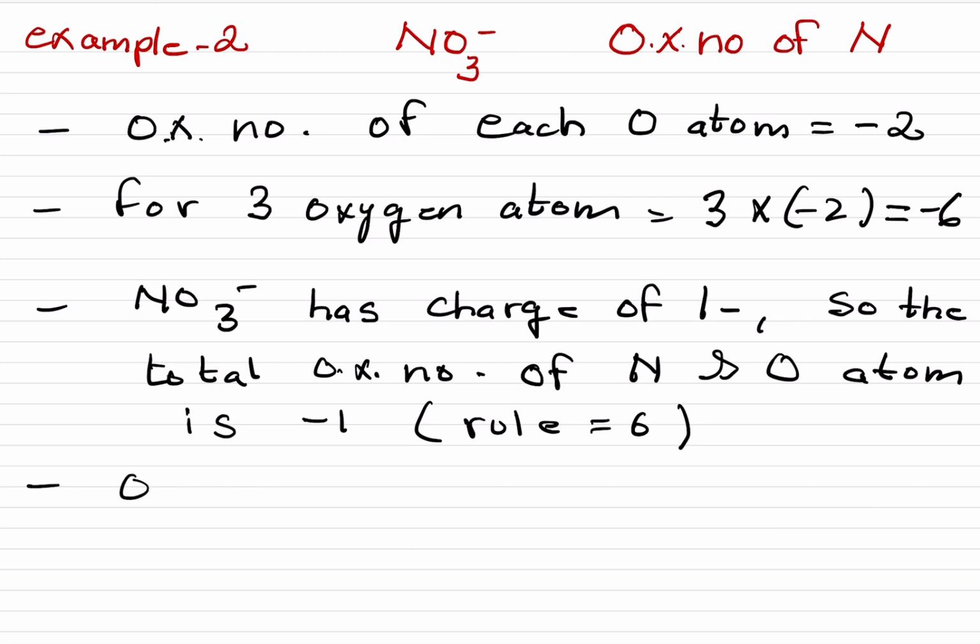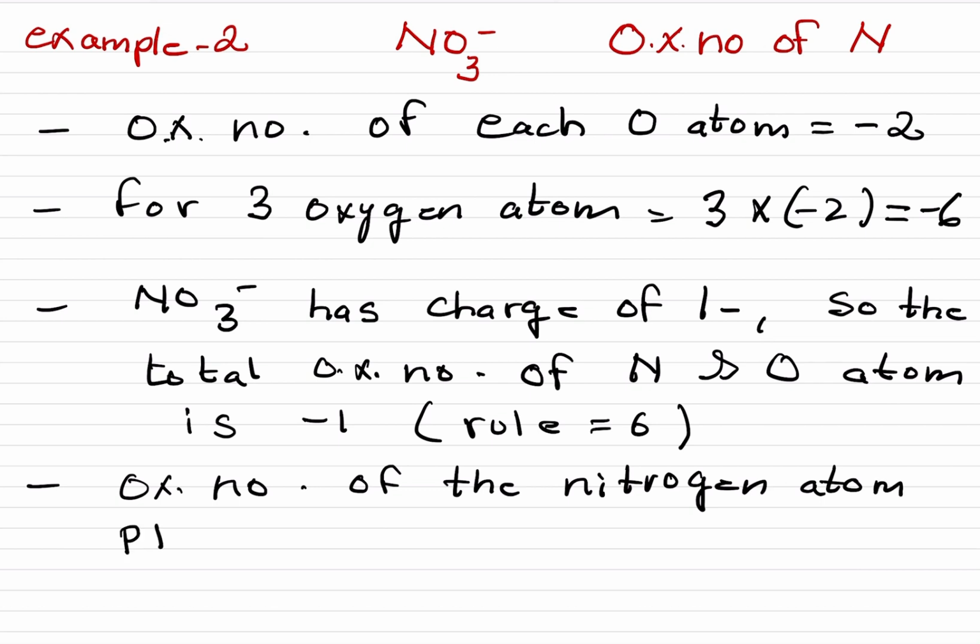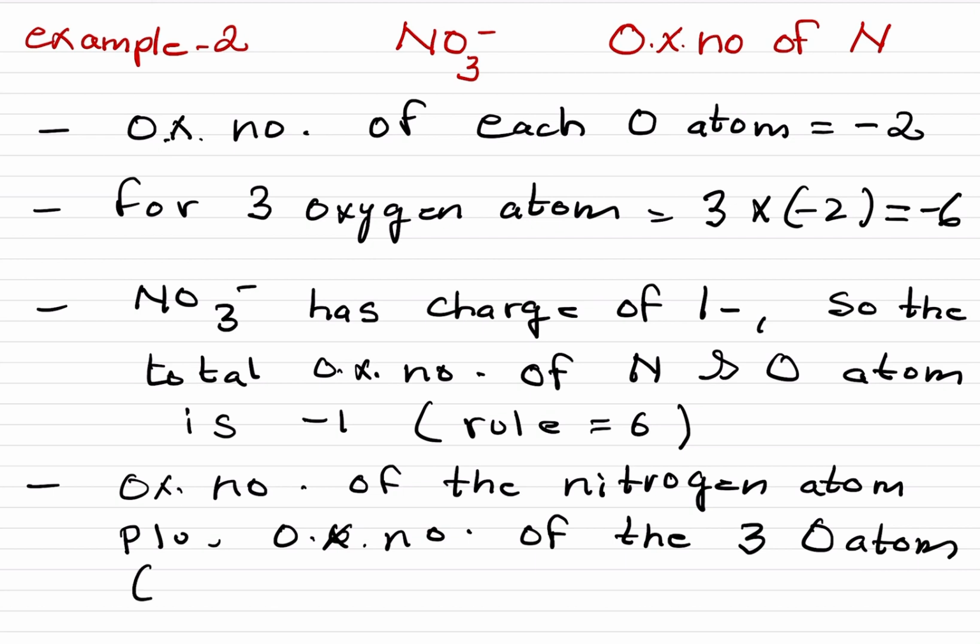Then the oxidation number of the nitrogen atom plus the oxidation number of the 3 oxygen atoms, which we can write as -6, equals -1.